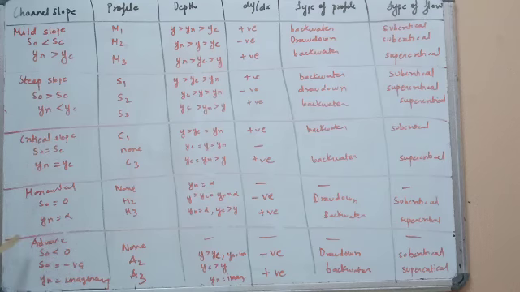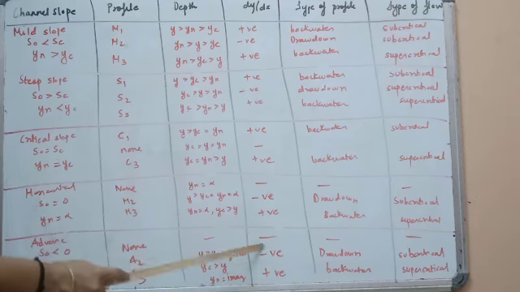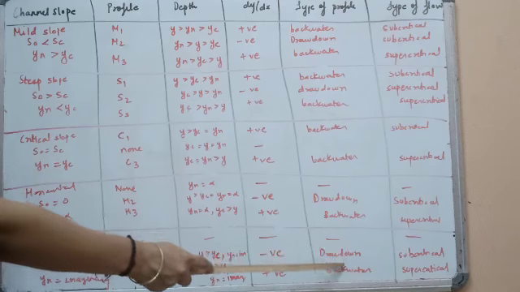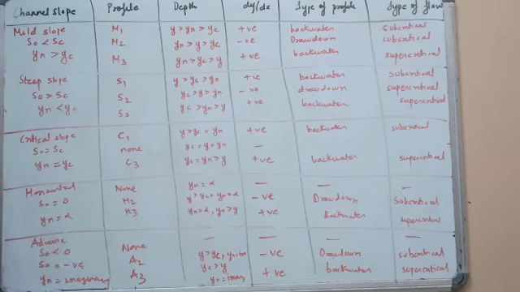Next is the adverse slope, which means S0 is less than 0, S0 is negative. I have told how yn becomes imaginary. There also the A1 zone won't exist; A2 and A3 will only be there. Same case: y is greater than yc, yc is greater than y, yn is imaginary. Here also negative and positive, a drawdown curve and a backwater curve, subcritical and supercritical.